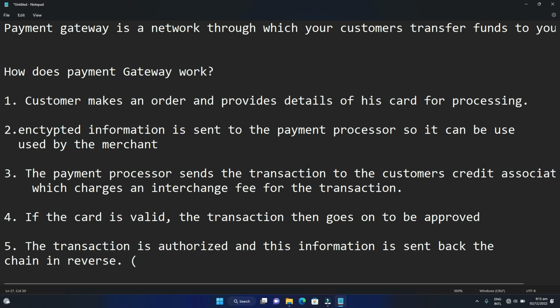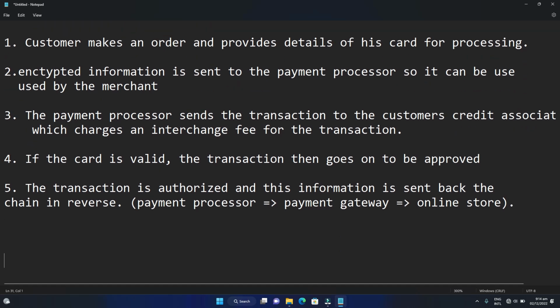The reverse procedure: payments processor to payment gateway to online store. It's as simple as that. Very, very simple. So that's all. Within 24 hours or 48 hours, the customer's payment will appear in the merchant's account. You get it? It's very, very simple.